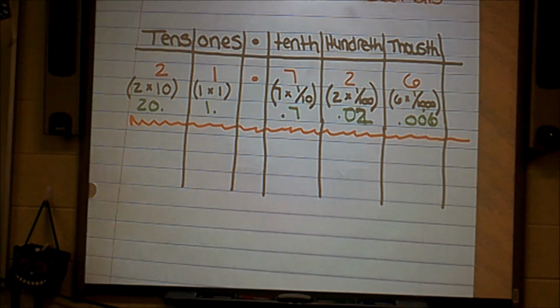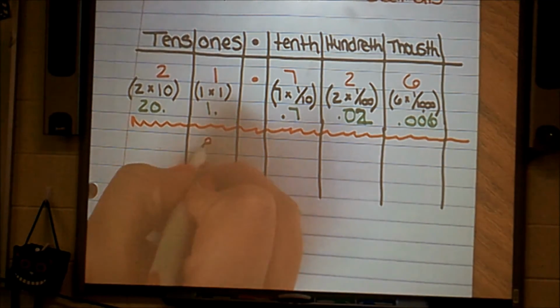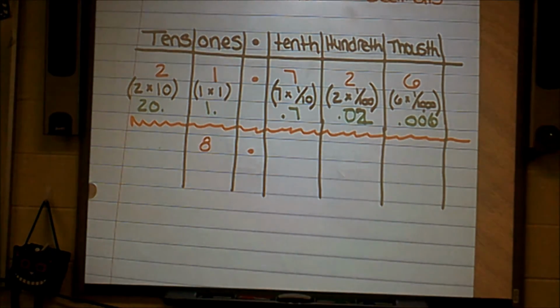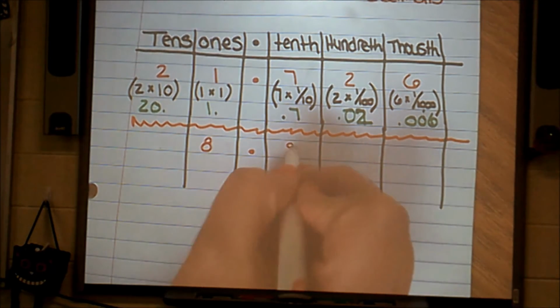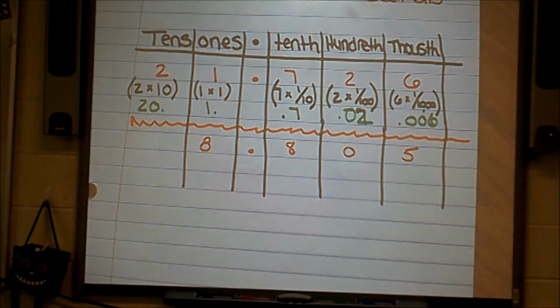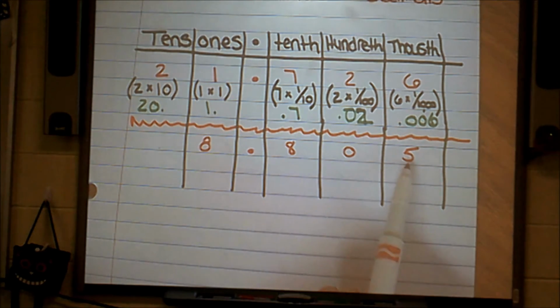So my 8 lives in my ones place, and 805 thousandths. And I put a 0 there because I knew my 5 had to be in my thousandths place because I said 805 thousandths.